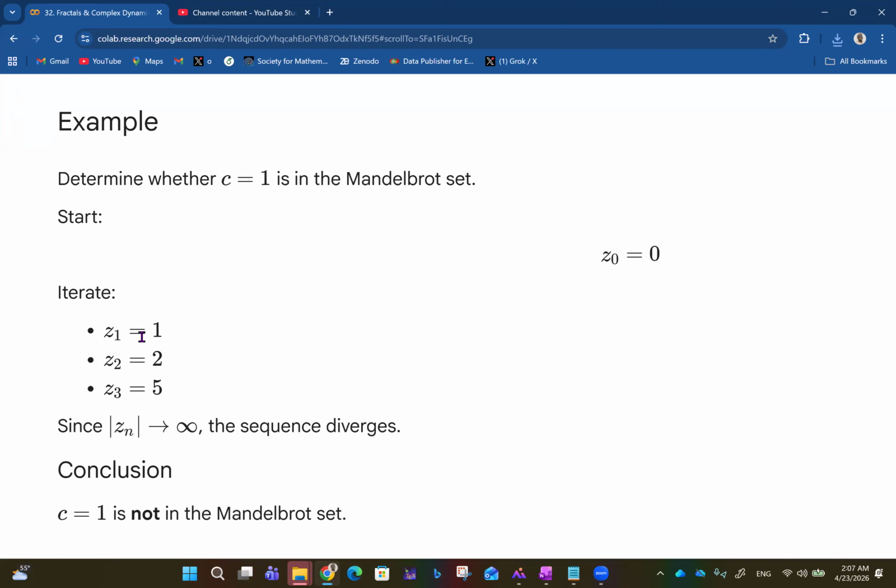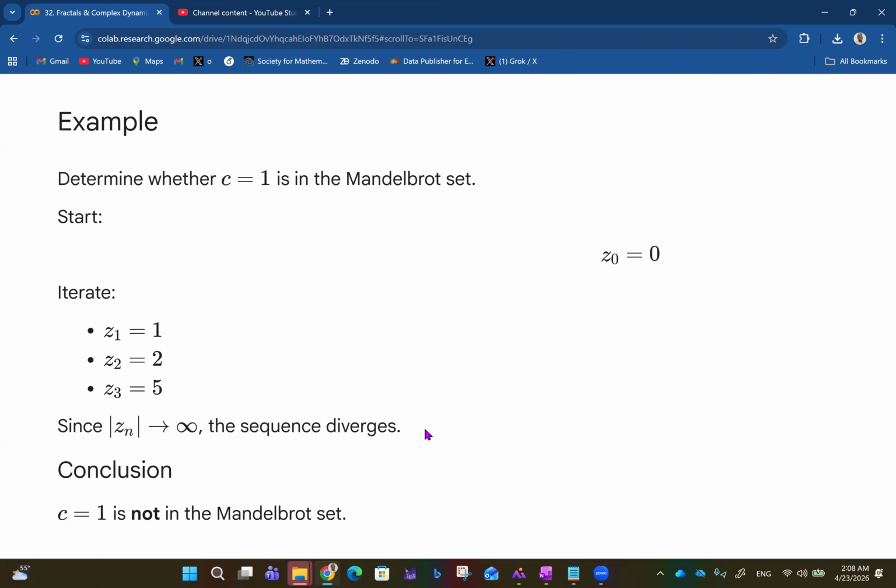So if c is 1, z naught squared is 0 plus 1, we have 1. Then z2 is 1 squared plus 1, that's 2. Then z3 is 2 squared plus 1, that's 5. So as you keep going, the absolute value of z_n keeps getting bigger and bigger.